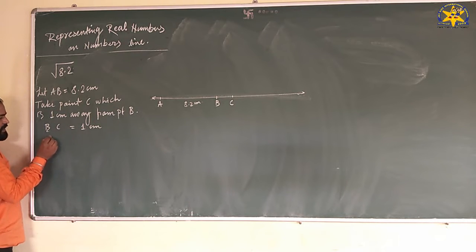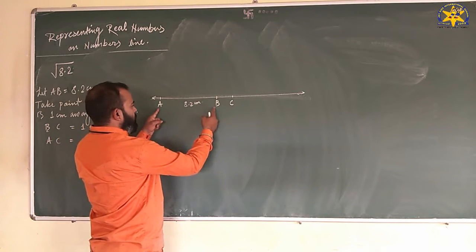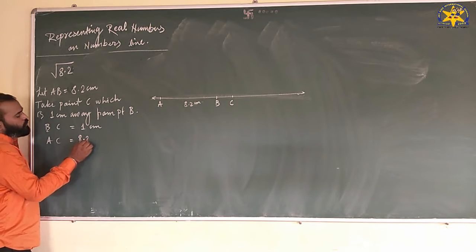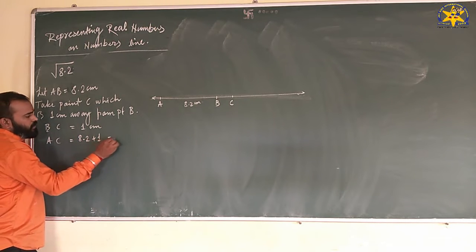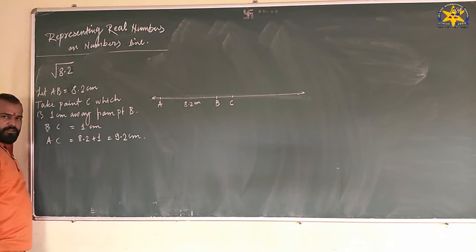What about distance AC? AC कितना रहेगा? AB plus BC. So 8.2 plus 1 is equal to 9.2 centimeter.